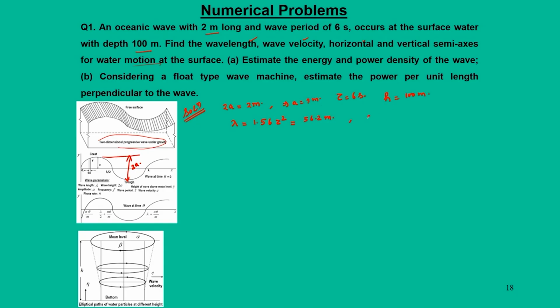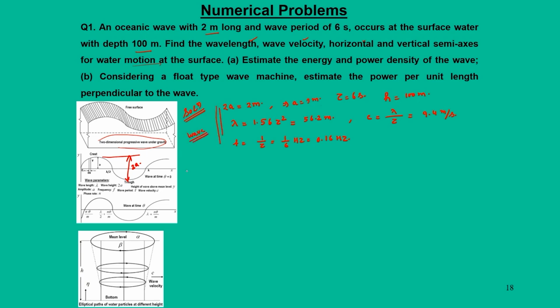Then wave velocity c equals lambda by tau, which is 9.4 meters per second. We also need the frequency, which is 1 by time period, that is 1 by 6 hertz or 0.16 hertz. This is about the wave.